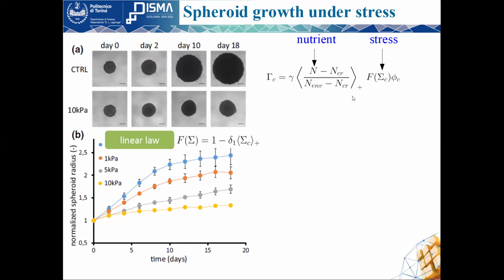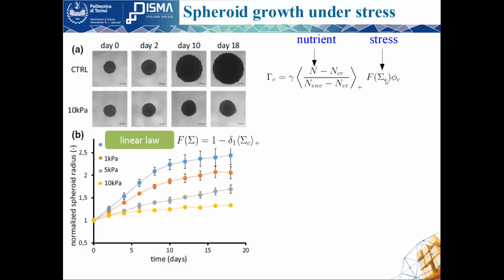So this first term tells you that you have duplication if the nutrient is above a critical value. This is just a normalizing factor. If the nutrient is above this critical value, then cells will trigger the proliferation. Otherwise, this is zero, and the cell will go to apoptosis. Not to apoptosis, they will stay in homeostasis. Then the second one is a function of the stress, so the growth rate depends on the stress that the cell feels.